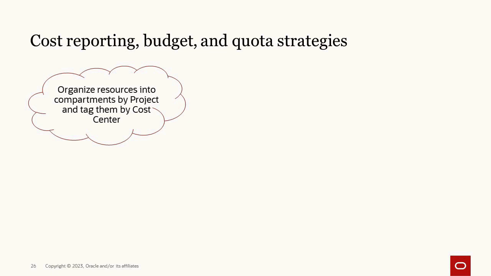Someone might do it by project, by stage of development for tag, and then someone else does it the opposite way, or by cost center, by team, then you're going to have to do a lot more work to go backwards. If you have it set up from the beginning, it's really easy to track your resources.